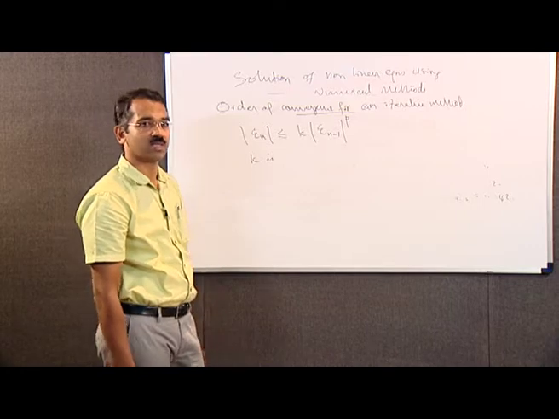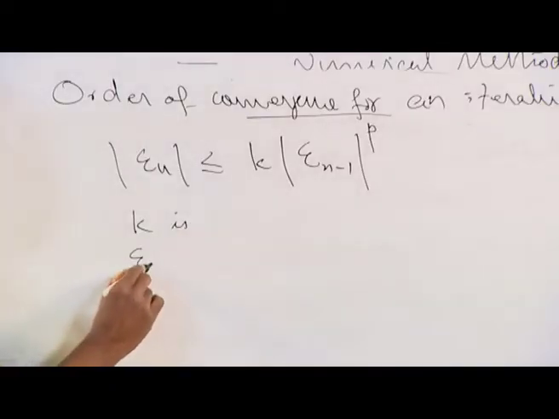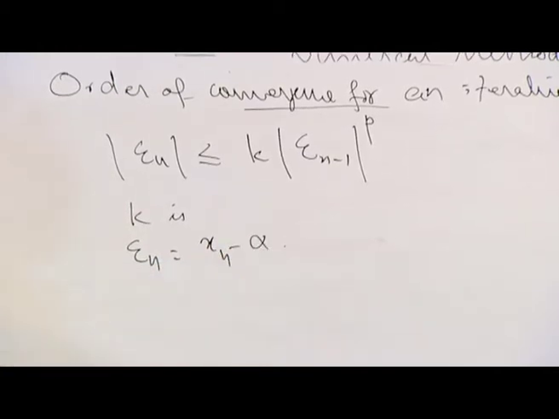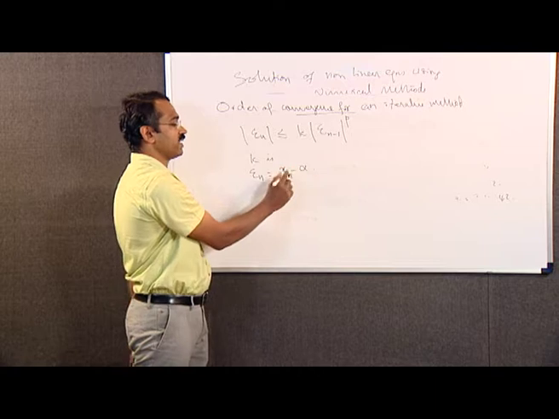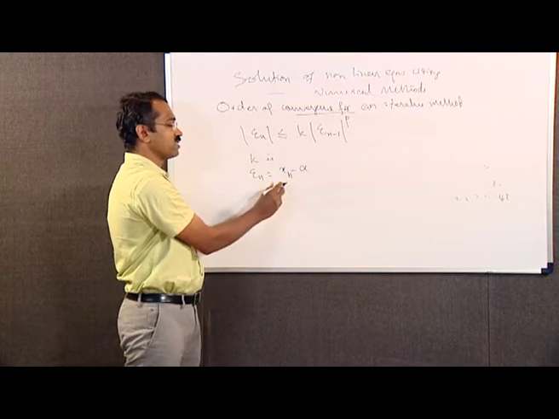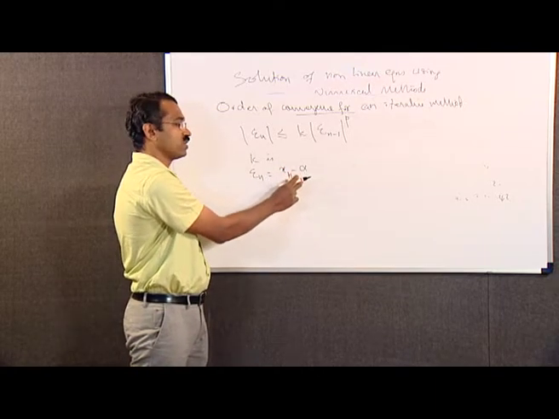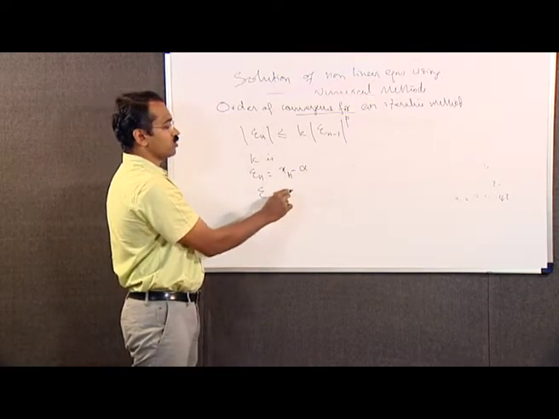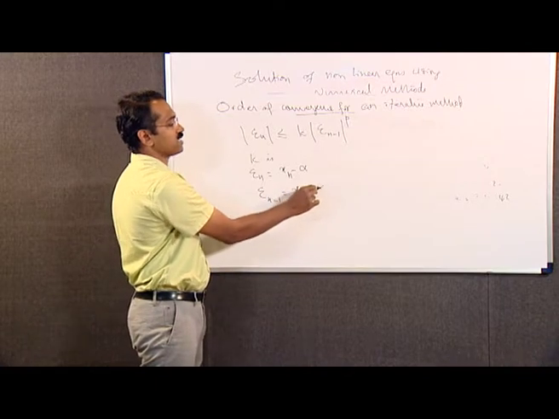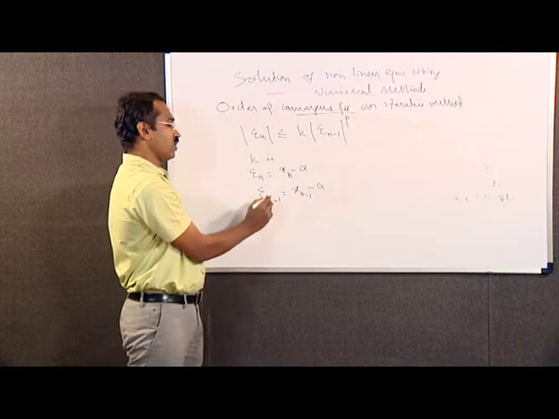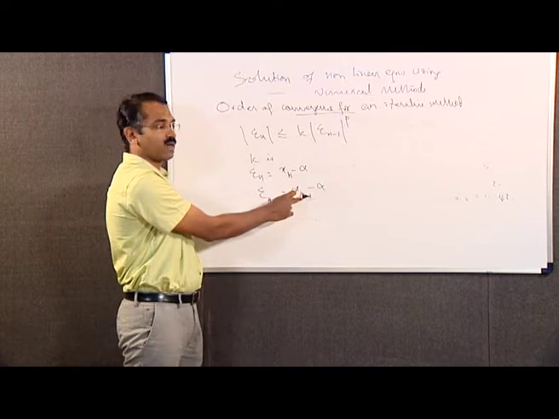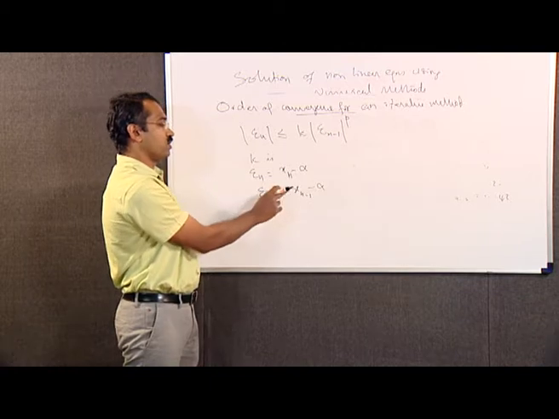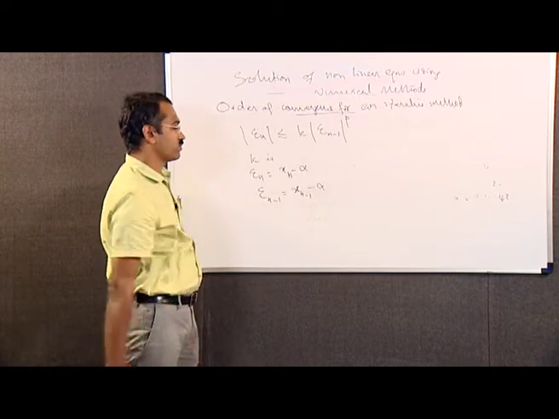finite positive constant, epsilon n is equal to x n minus alpha, where alpha is the exact root and x n is the approximate root in the nth iteration. Epsilon n minus 1 is equal to x n minus 1 minus alpha, where x n minus 1 is the approximate root of the exact root.